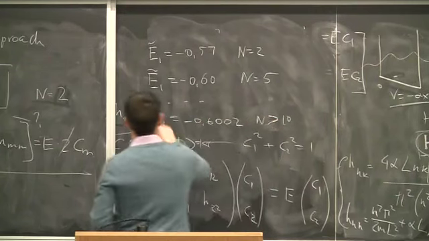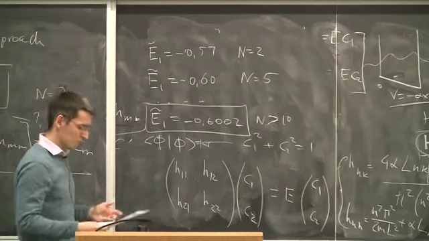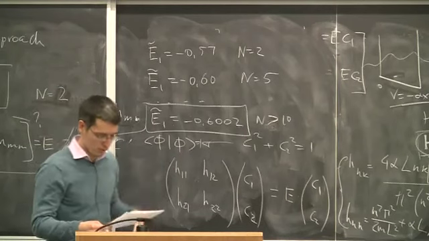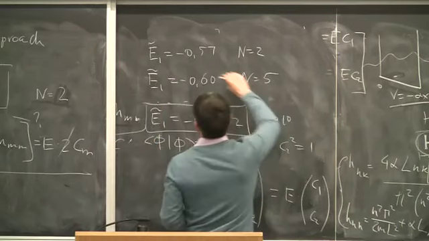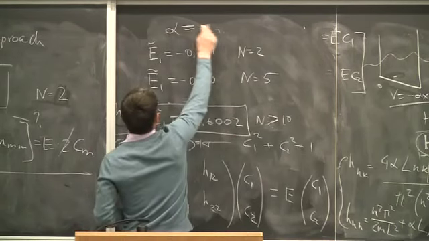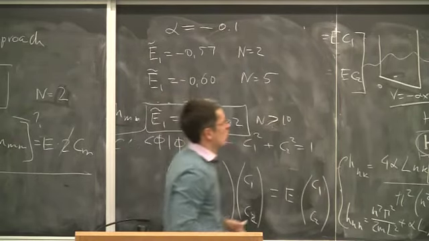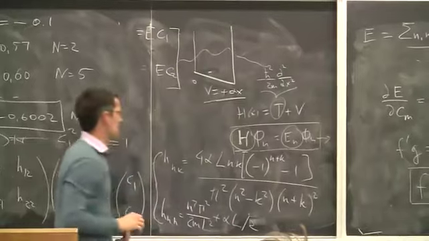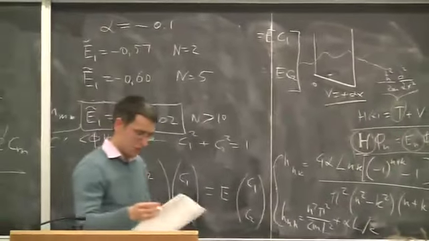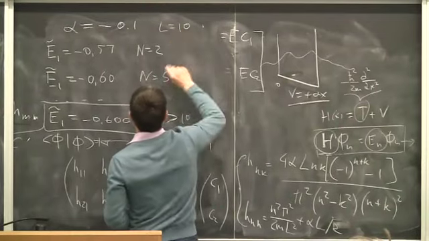So you can consider this as the ground state of a particle in a box with an inclined bottom. By the way, I forgot to mention that alpha here is minus 0.1. For a potential like this, we have L equals 10.